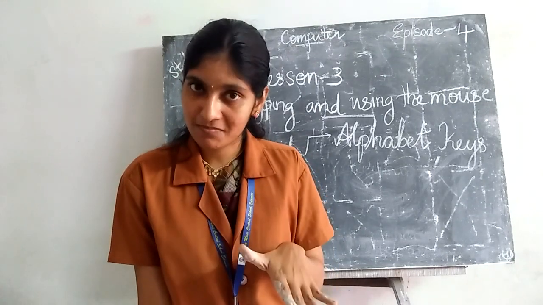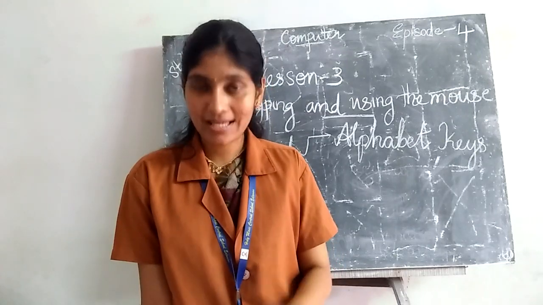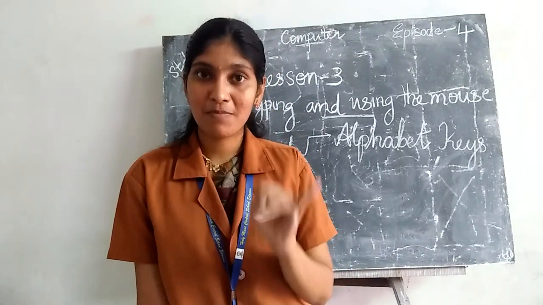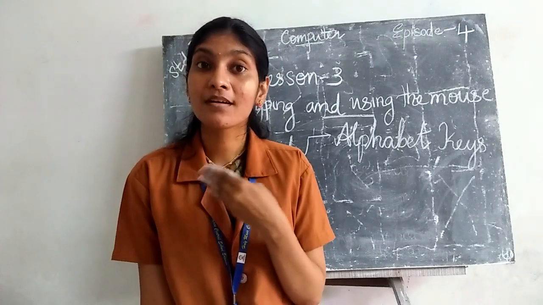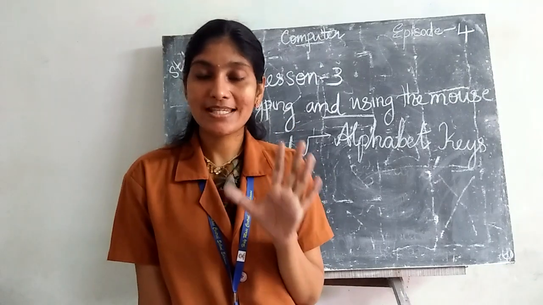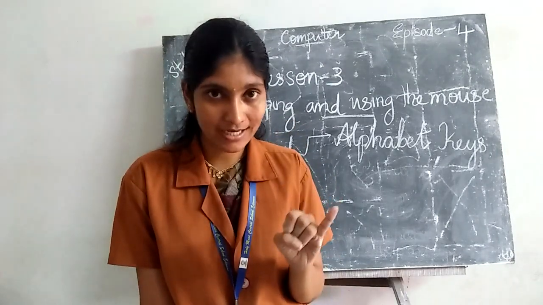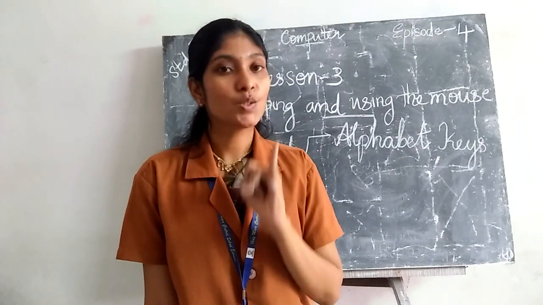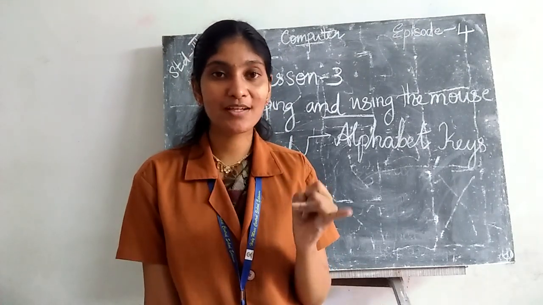We know alphabet means A, B, C, D, and the keyboard contains the alphabets A, B, C, D to up to Z. Then how many letters? There is 26 alphabets. So keyboard contains 26 alphabets. From where to where?